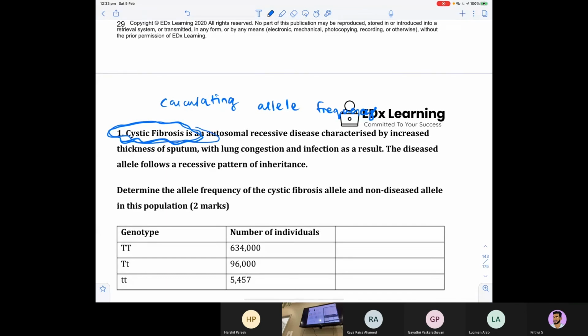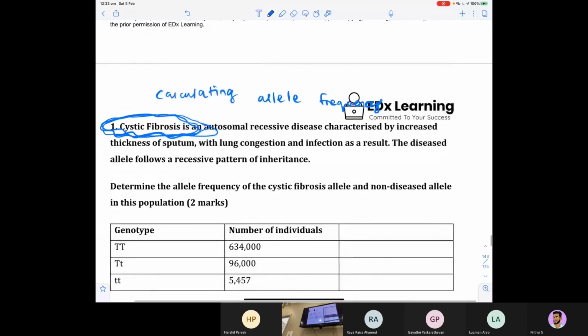And 1 in 25 Caucasian people, you all know 25 Caucasian people, right? One of them has the mutated allele for that gene. It's very common. Coming back to this, the question here is determine the allele frequency for the cystic fibrosis allele.